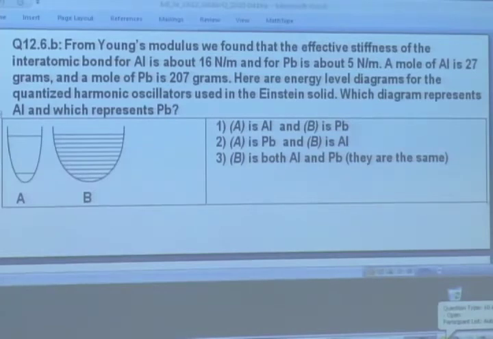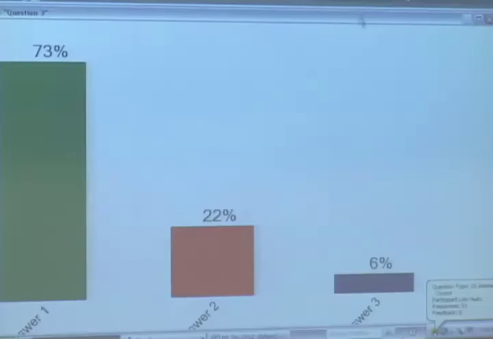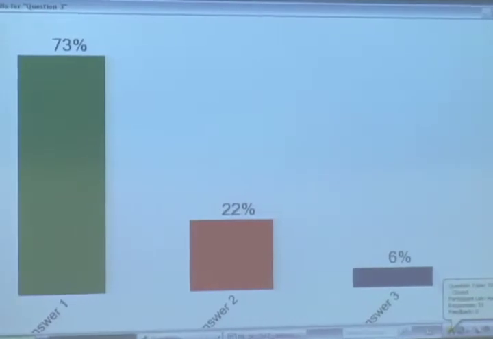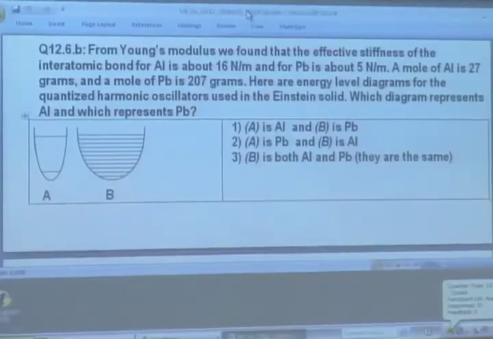You probably don't really need to do a calculation, because the interatomic spring stiffness, from the Young's modulus measurements given here, is 16 newtons per meter for aluminum and 5 for lead. The molar mass of aluminum is 27 grams, and the molar mass of lead is 200 grams. Okay, so which one has bigger energy level spacing? Okay, big vote for A being aluminum.